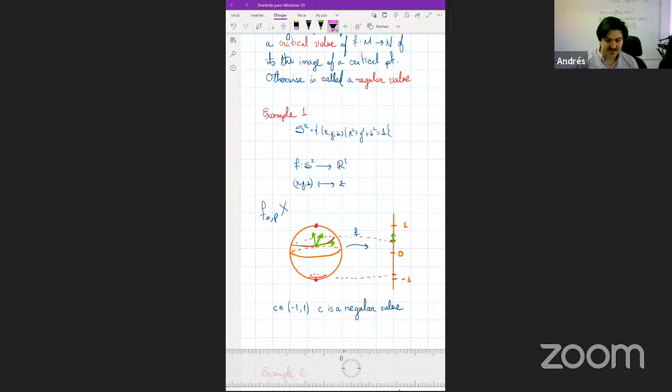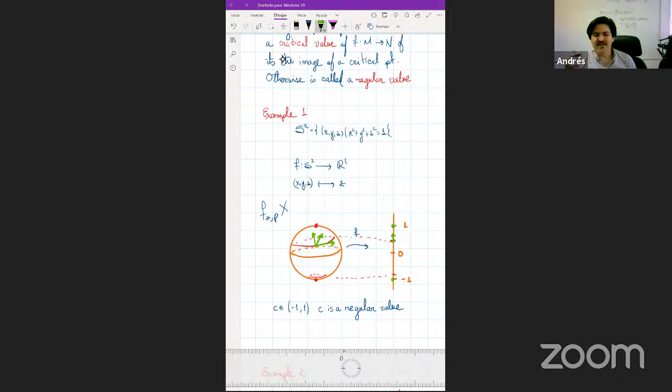Okay? Now, in this case, you can actually argue without using the concept that you have learned here. Because you know that the value 1 is the maximum of that function, and minus 1 is the minimum.